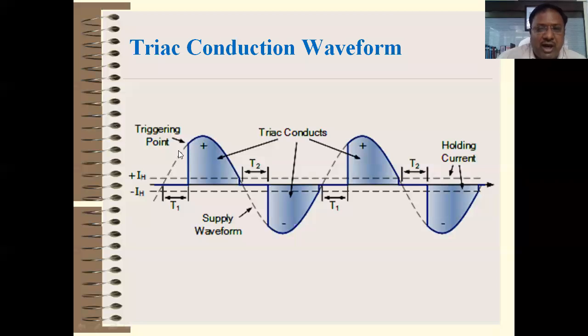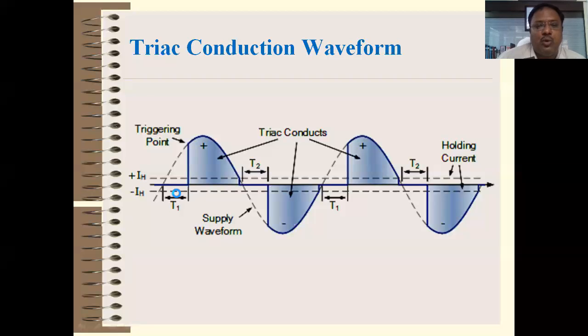So in this part the triac is on, and here the triac is off, right? Because the triac is off, it means your diac is off. Once your diac turns on, automatically the triac turns on. So diac is a bidirectional device, right? So it can turn on with either positive or negative voltage.